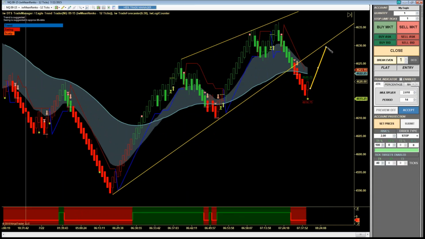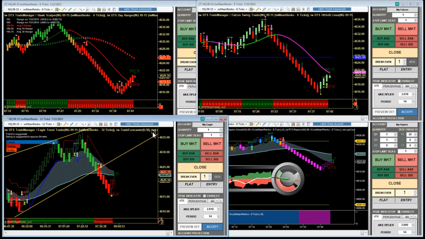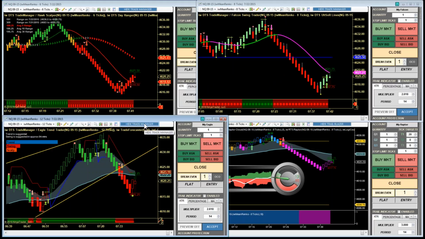So we're looking for prices to come up a little bit, perhaps fail, and then that will give us a good opportunity to sell. I'm hearing a couple scalp signals. Let's see if it's anything tradable. No, not yet.